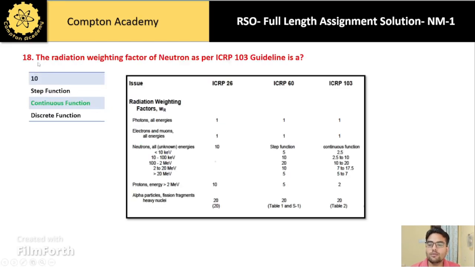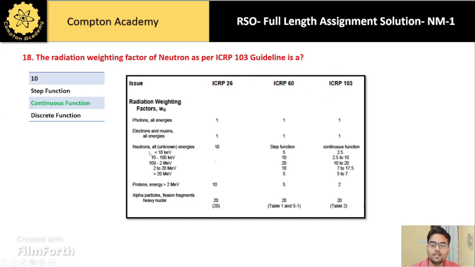Now question number 18: the radiation weighting factor of neutrons as per the ICRP 103 guideline. Here different ICRP recommendations, 26, ICRP 60 and ICRP 103, have been provided.